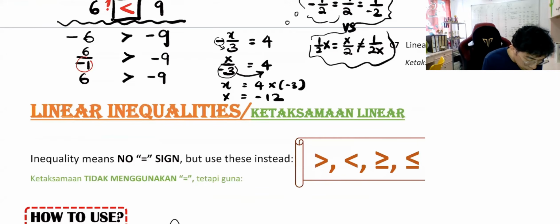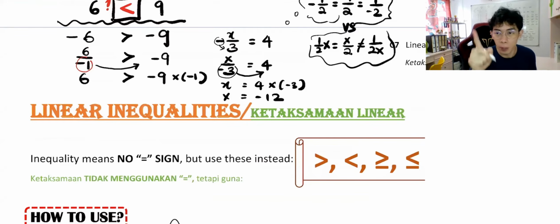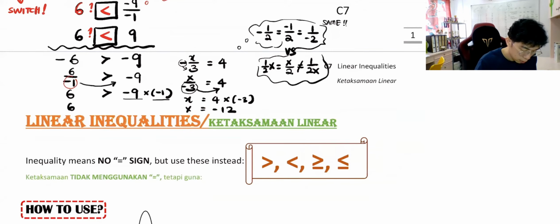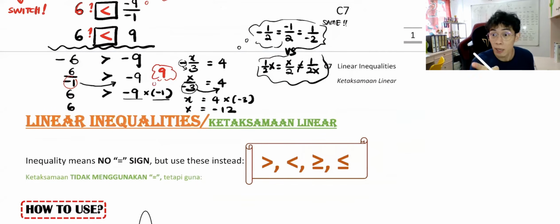So this is what happened. You bring there, you will times with -1. Okay, now the problem is what? Can you tell me this thing what you will be getting? I circle again, this one what you'll be getting? You will get 9.